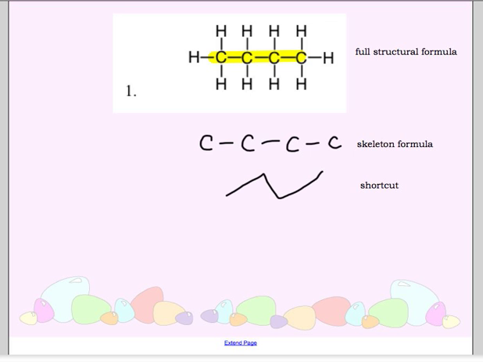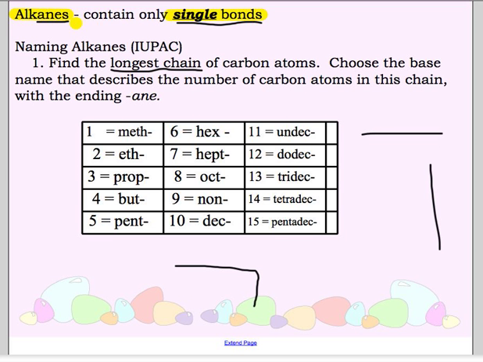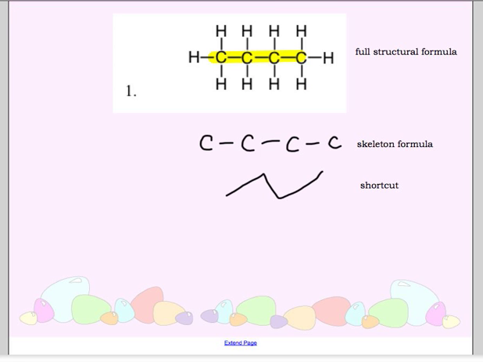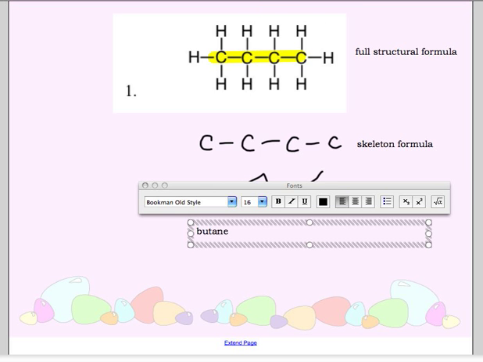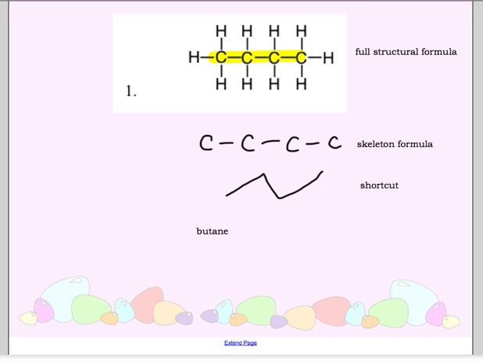So you go back to that little chart. You find number 4, which is but. And since this is an alkane, it's all single bonds, it's going to end in ane. So this is called butane. If you've ever flicked a butane lighter, that's what this is right here.